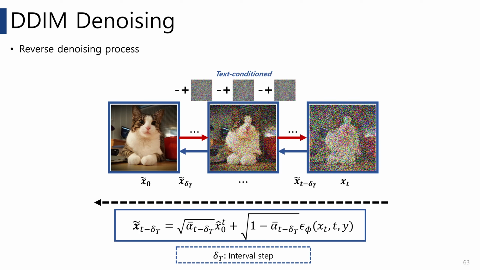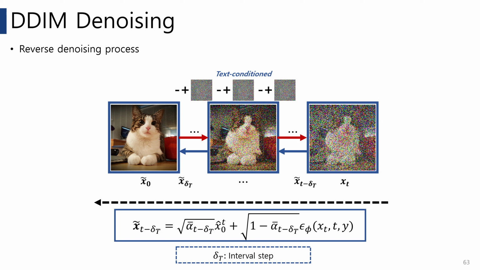The ultimate goal of DDIM denoising is to create multi-step pseudo-GT by removing noise from the noisy latent generated through DDIM inversion. In other words, it's a reverse denoising process.